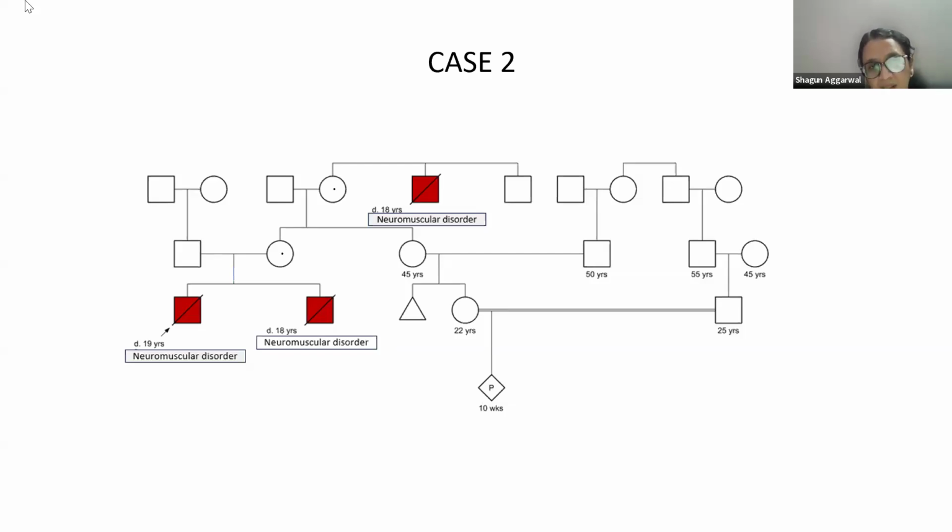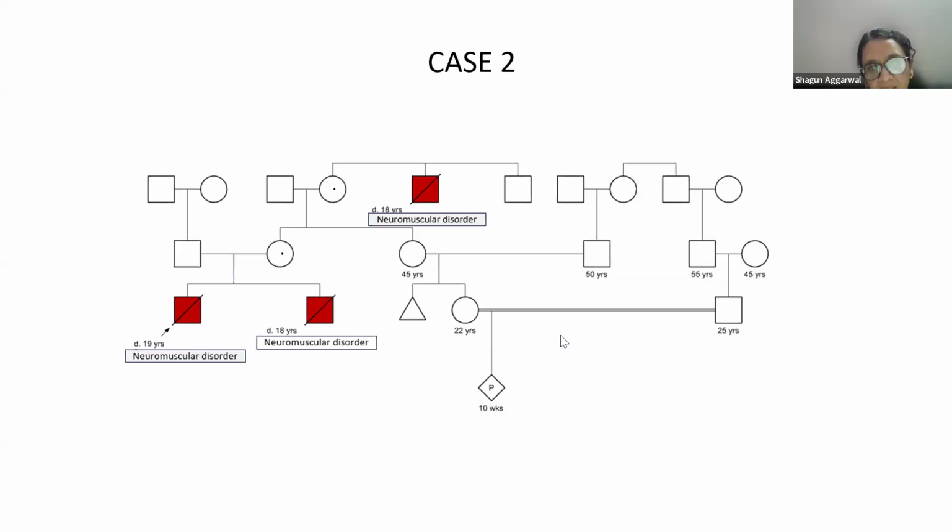By finding these obligate carriers, we can target the testing towards them and come to a final diagnosis. We will also see how we ascertain the relationship and the carrier status of our patient who has come to us, and what the risk to her is.